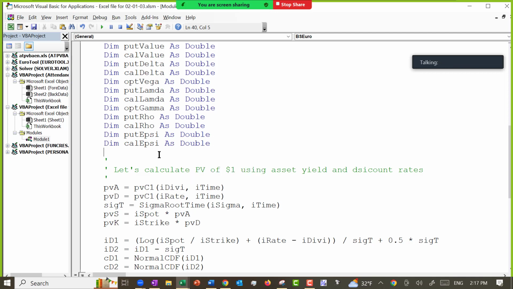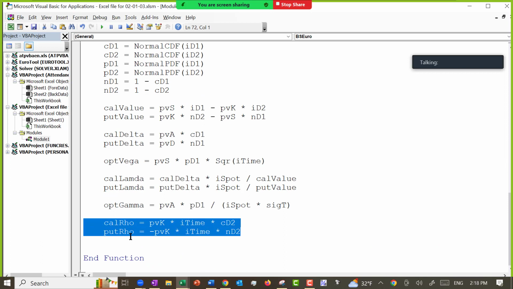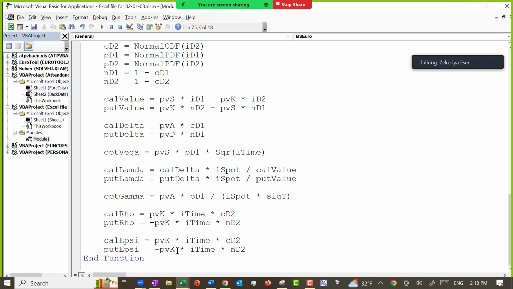I'm a lazy guy. It's pretty much similar. Instead of PVK, we have PVS and CD1 and ND1.